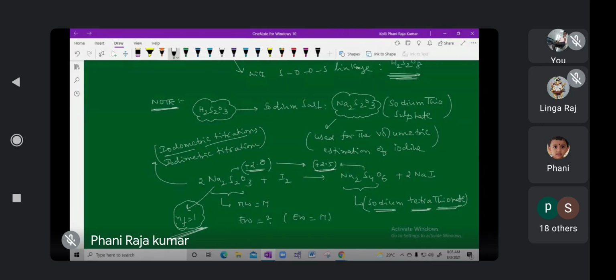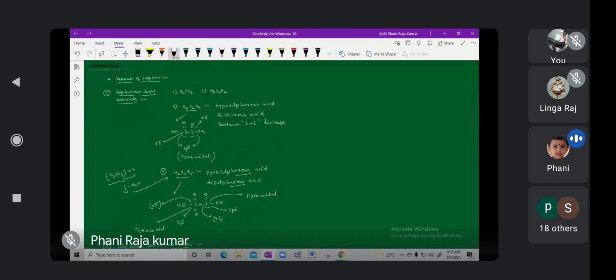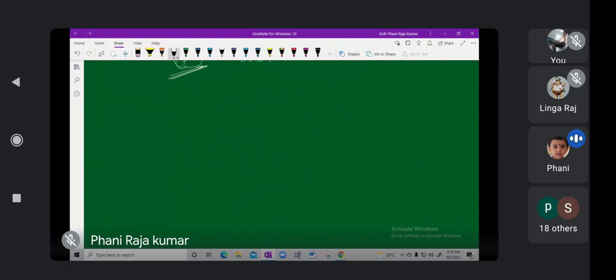These are the important points related to oxoacids of sulfur. Next we have oxides and oxoacids of chlorine.